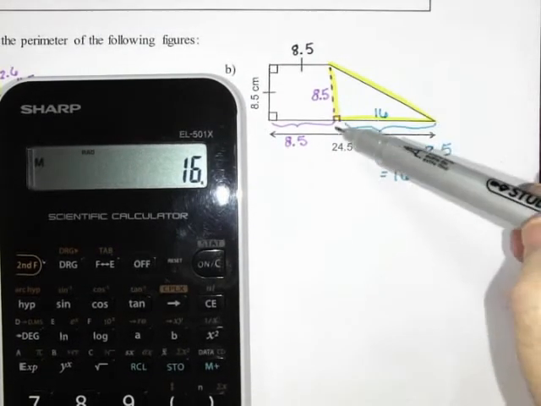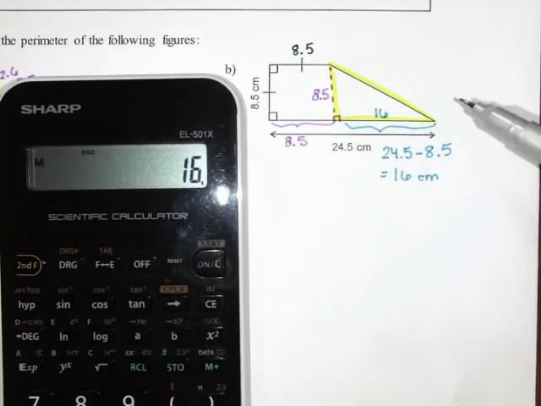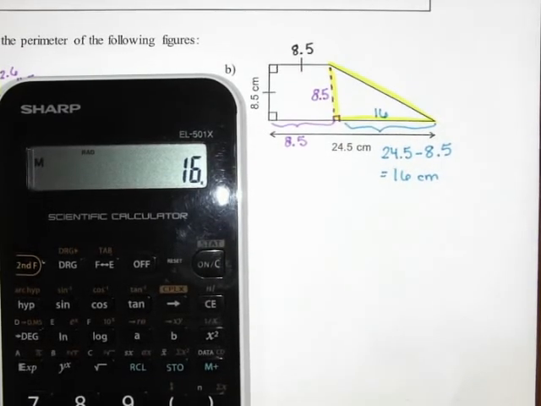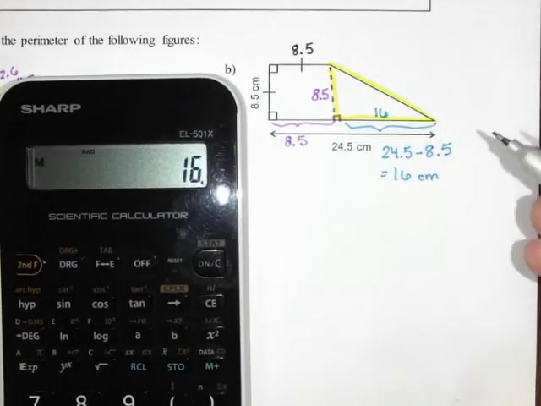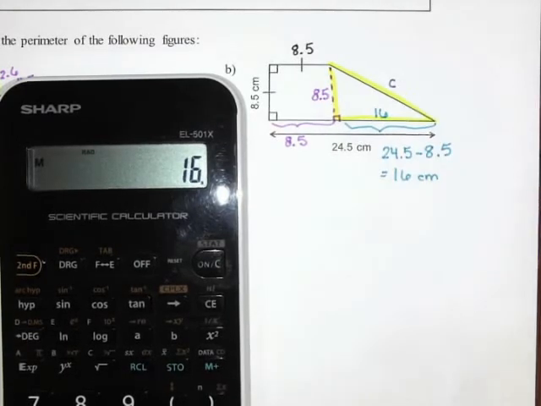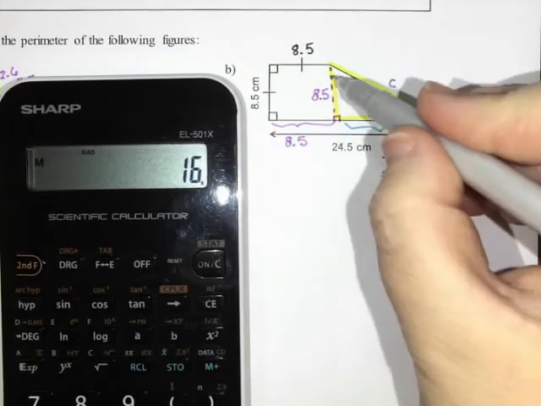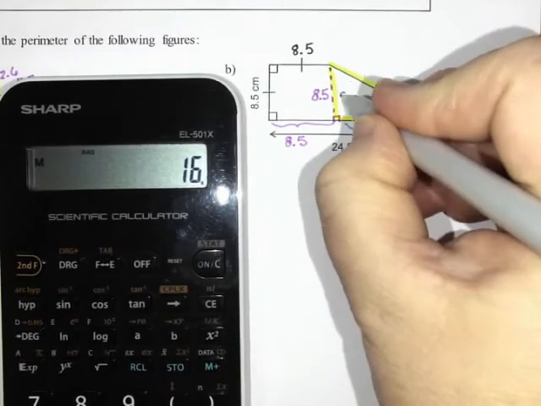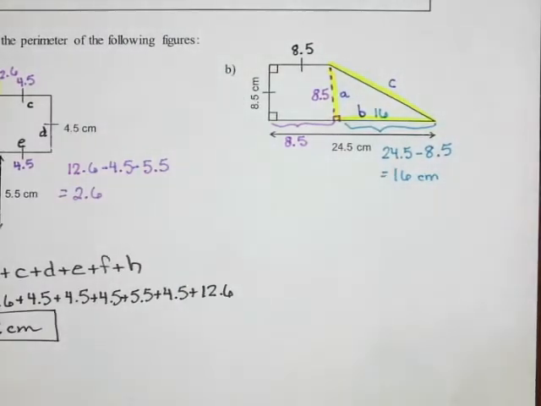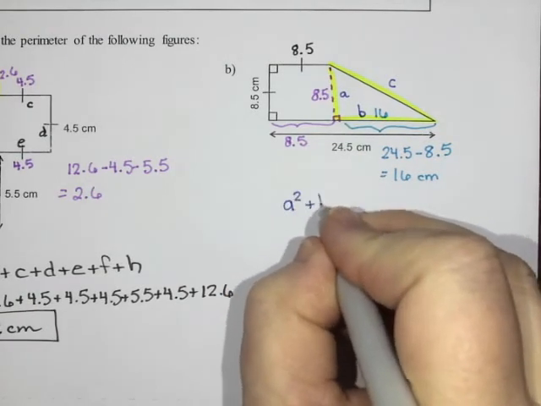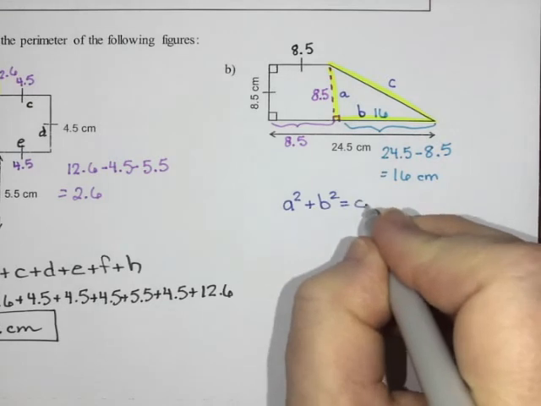Now the 8.5, the 16, and the slanted side form a right angle triangle. And when you have a right angle triangle, you can use Pythagorean theorem to find the missing side. So the one across from the 90 degrees is our hypotenuse, or side C, and then I'm going to call the 16 the B, and this one here the A. And our formula for Pythagorean theorem is a squared plus b squared equals c squared.